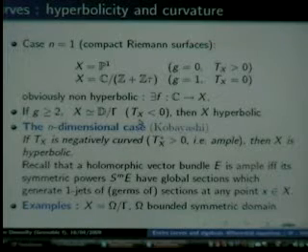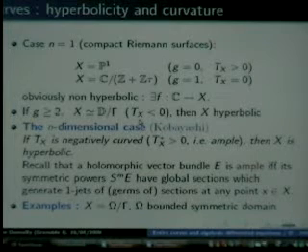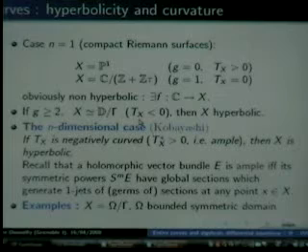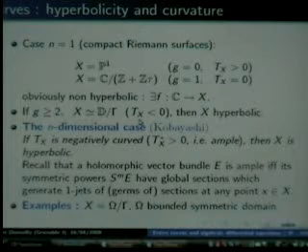So all possible differentials at order 1 are generated. And for instance, the quotient of a bounded symmetric domain by a group of automorphisms is such a negatively curved variety.